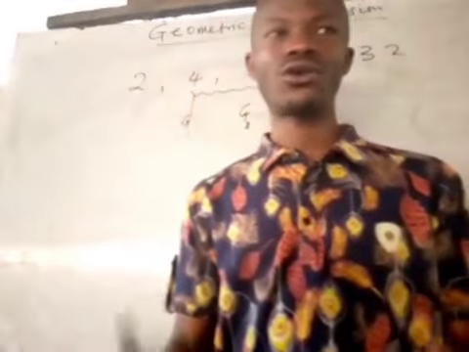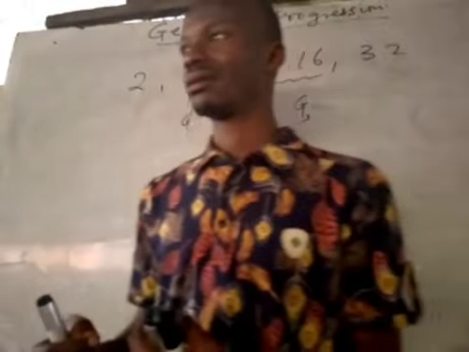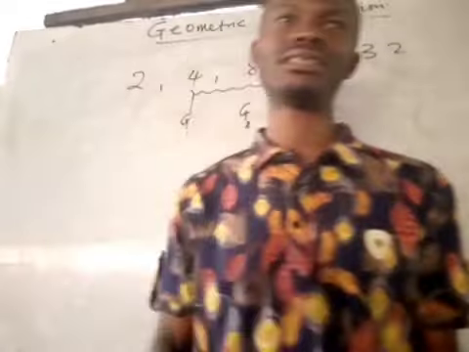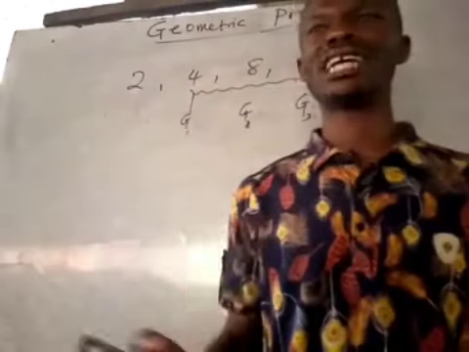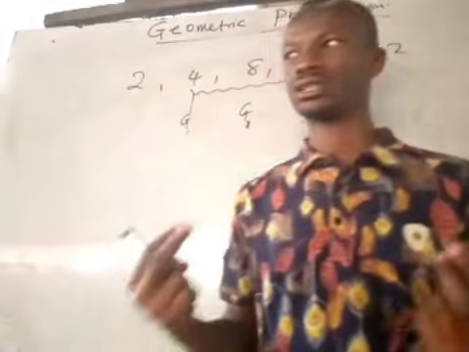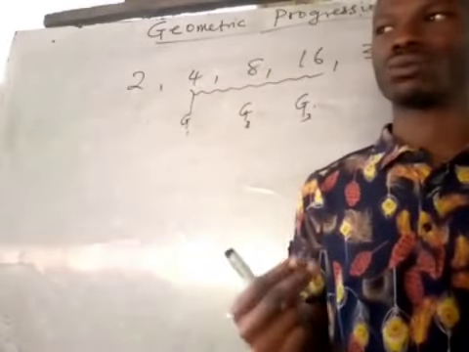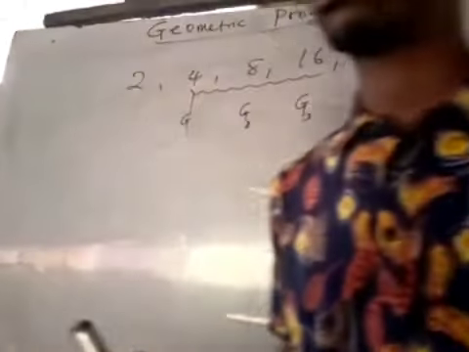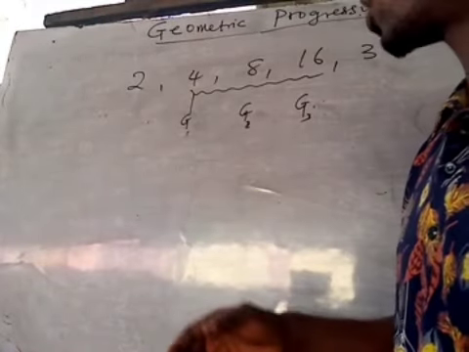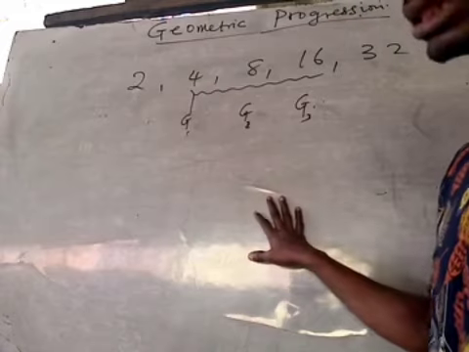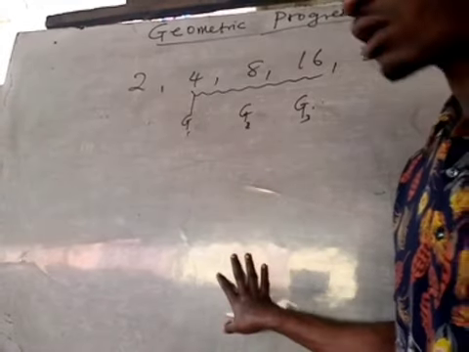The only way we can form a sequence in geometric progression is by inserting geometric means in between two numbers. Once we do this, we simply form a sequence in geometric progression.